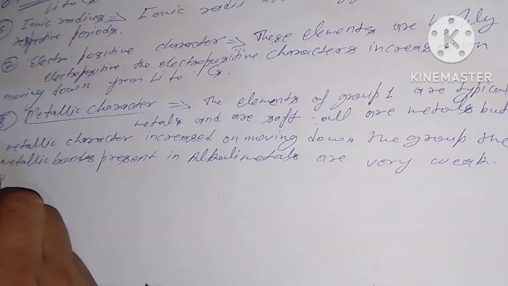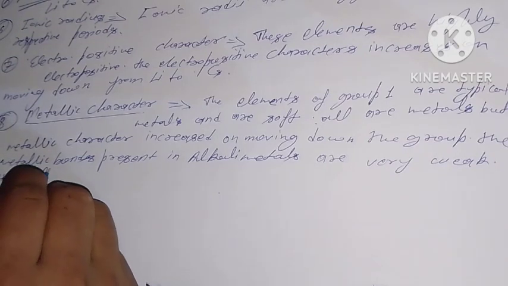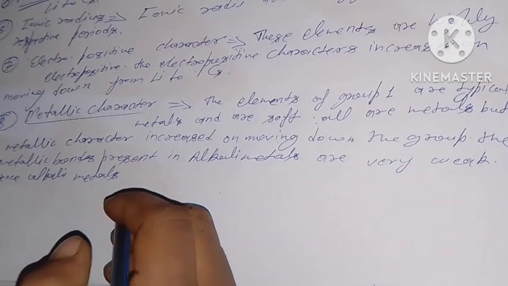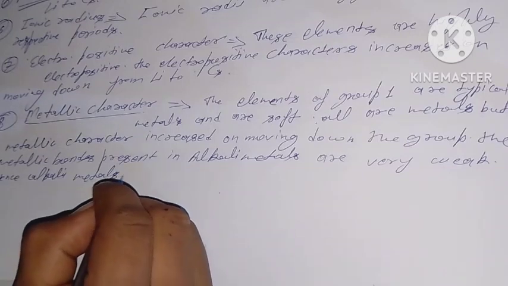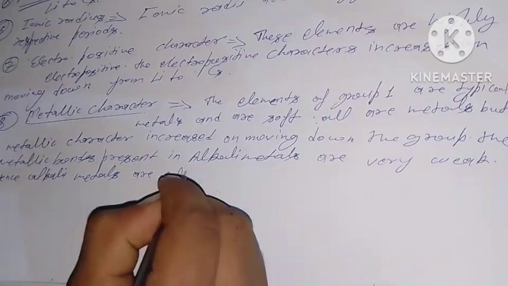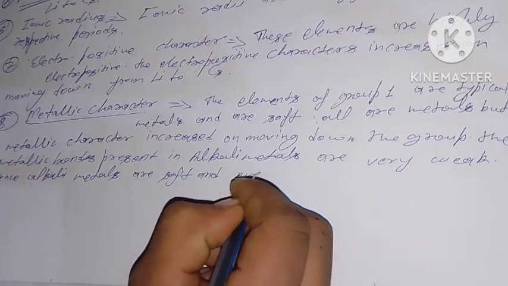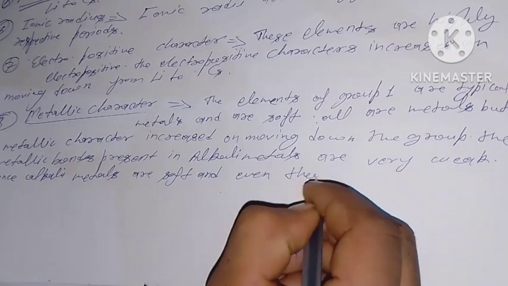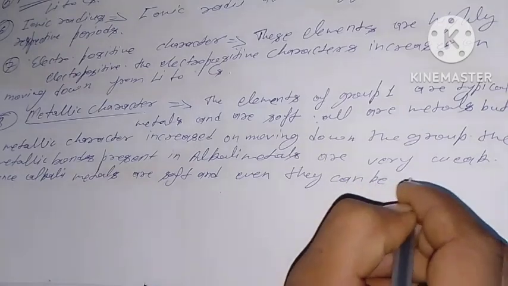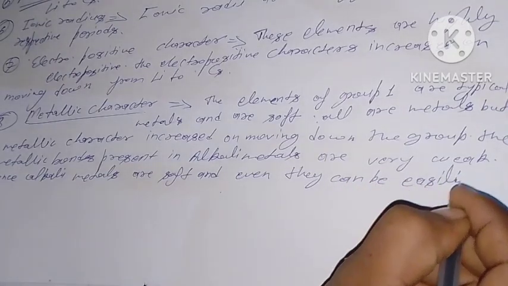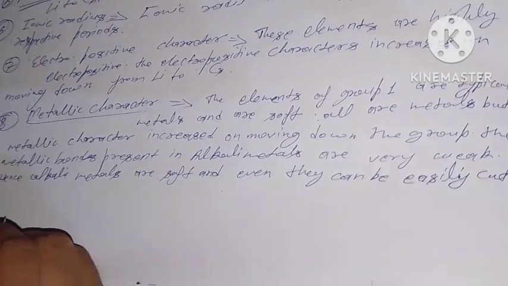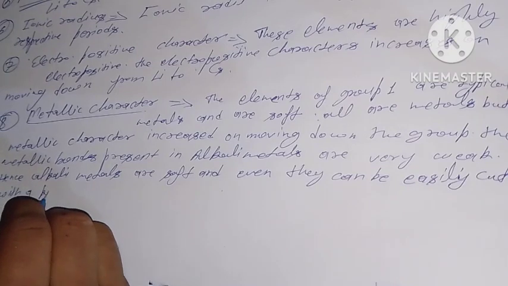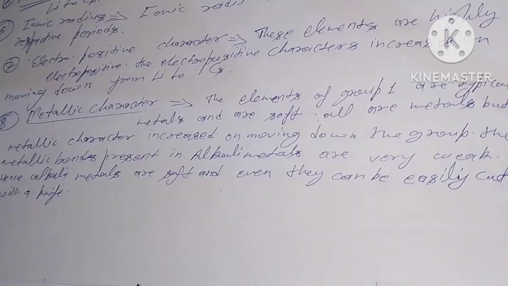Hence alkali metals are soft and they can be easily cut with a knife.